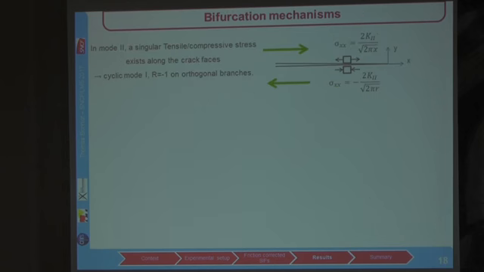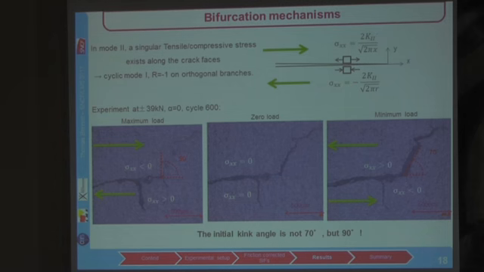And those branches can be explained in mode 2 by the existence of a tensile compressive stress along the crack faces. So if we have a branch here, an orthogonal branch, it will be loaded in cyclic mode 1 with R equal -1. And this can be seen on those 3 replicas here, which were casted on the same cycle, but for different load: for maximum load, zero load, and the minimum load.